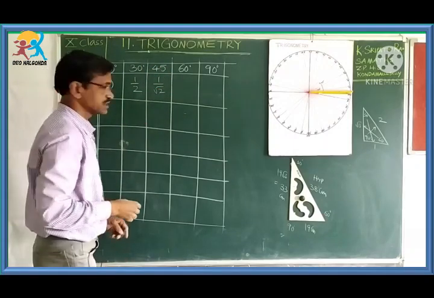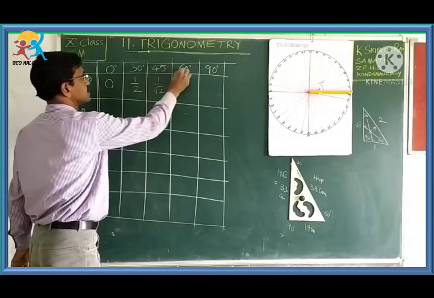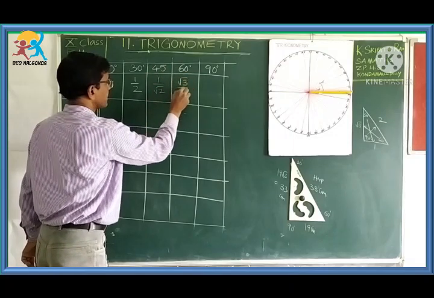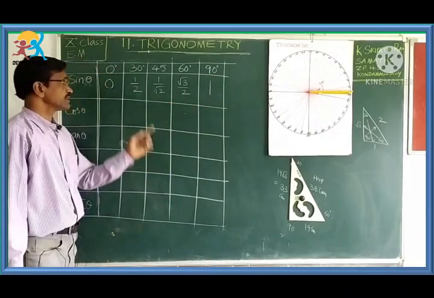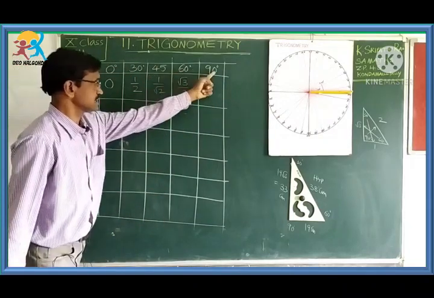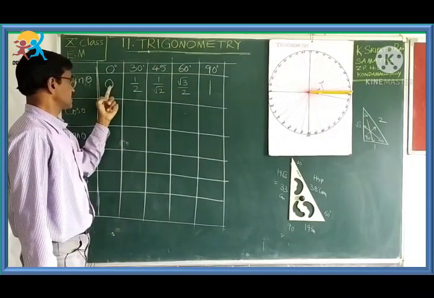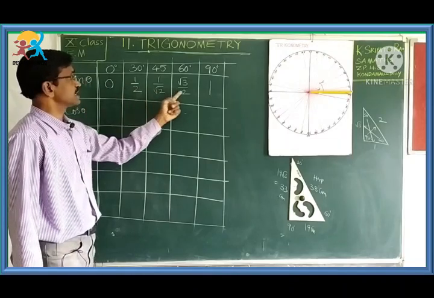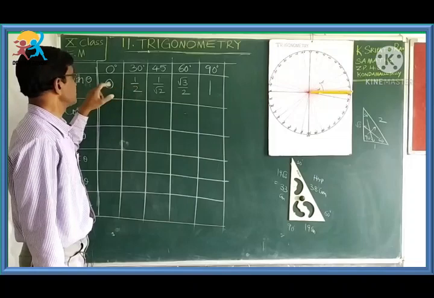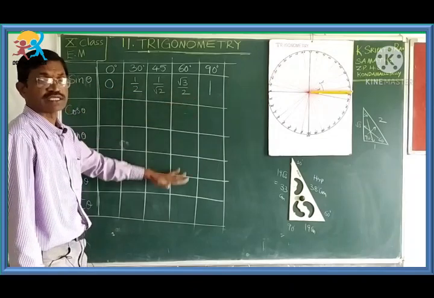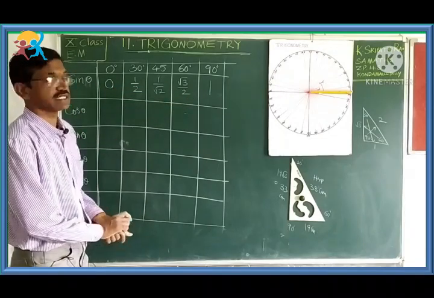Just now we have studied this. Sin 60 is root 3 by 2 and sin 90 is 1. When the angle increases, the values of sin theta also increase. If you memorize this line, we can write all these ratios easily.